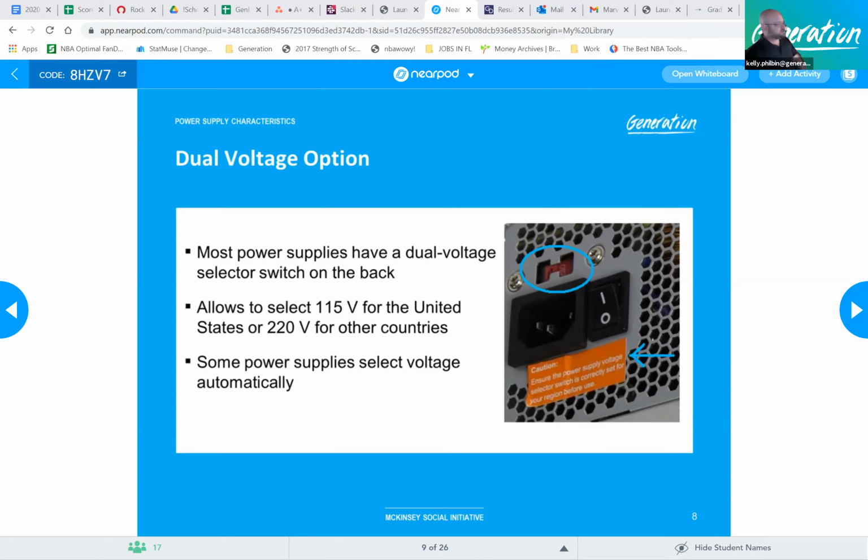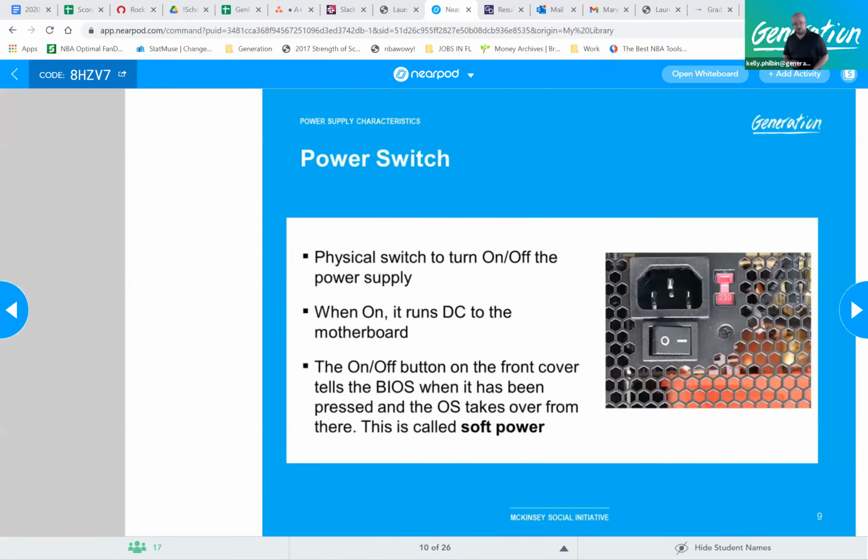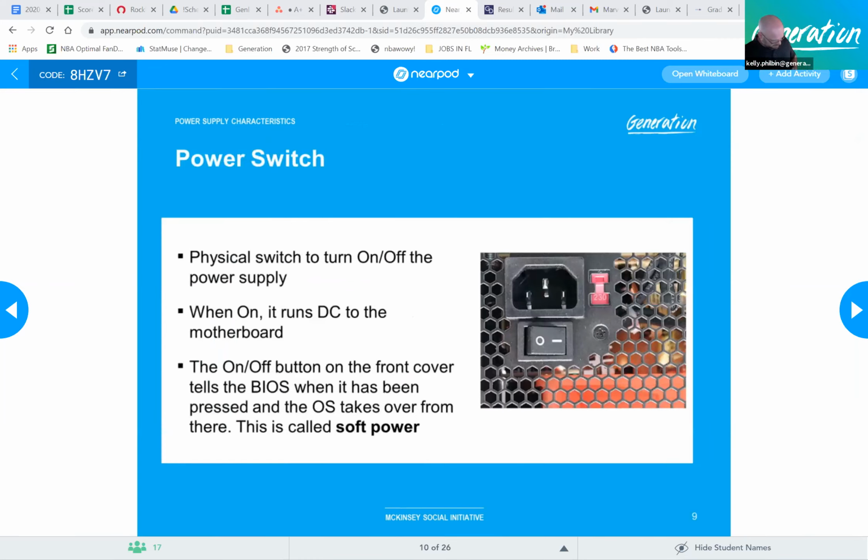All right, power switch. Now, this is kind of an important one to remember, especially if you're swapping out a power supply unit, hint for the test. When you're swapping out a power supply unit, there is an additional power switch right next to the IEC cable that you can turn on and off. It's kind of a fail-safe.